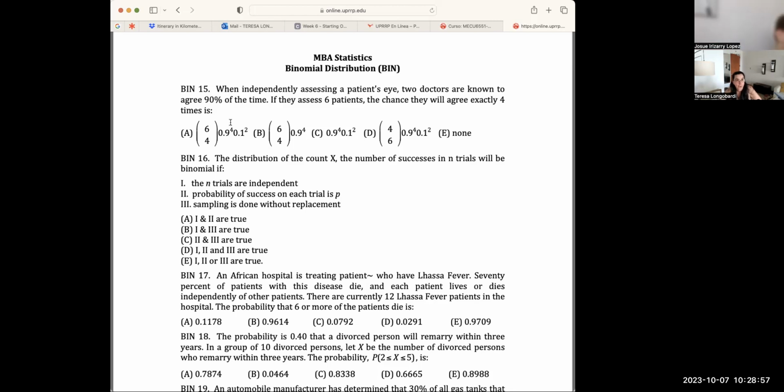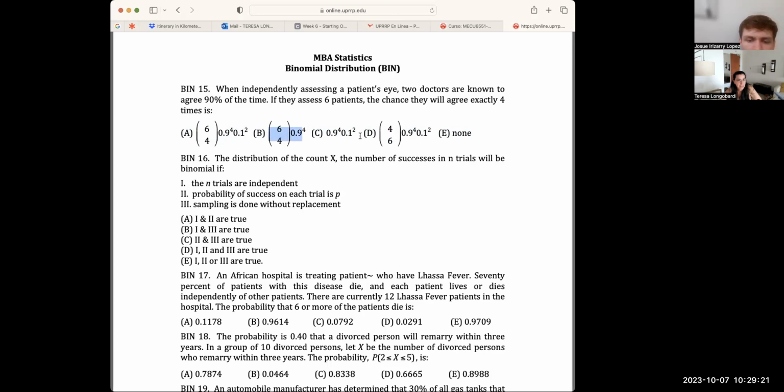Okay, so 6 choose 4. That looks good so far. 0.9 successes. That's the probability of success, and 4 successes. That leaves 0.1 for failures, and there's only 2 left. So A looks good. B is missing the second part, the failures.